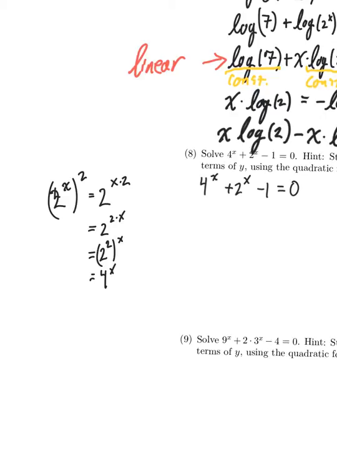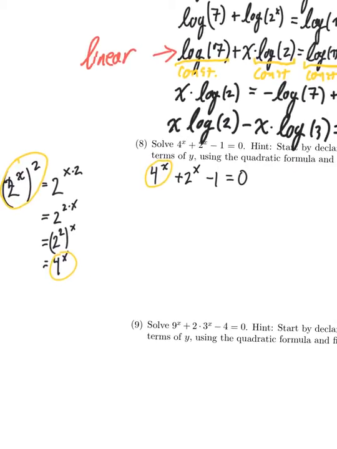Because if we take advantage of that, I can replace 4 to the x with 2 to the x to the power 2. So let's do exactly that, and I'll even add a little bit of color coding to help. So I see 2 to the x squared, because there's 4 to the x, sorry, I want that squared to be black, plus 2 to the x minus 1 equals 0.